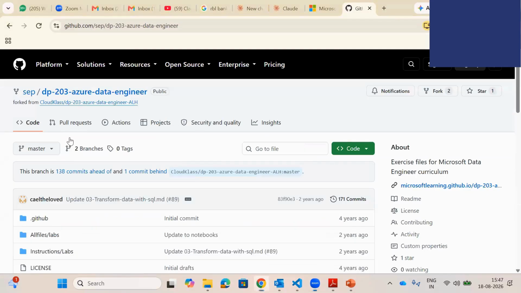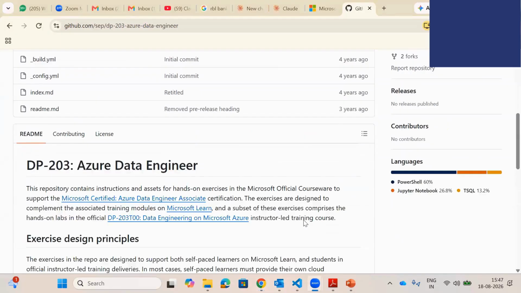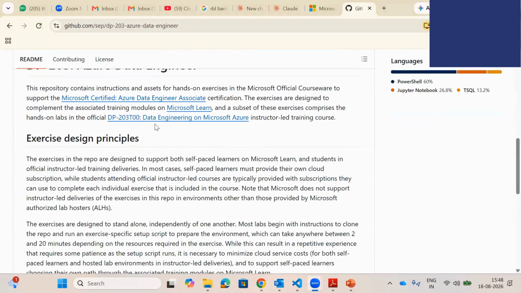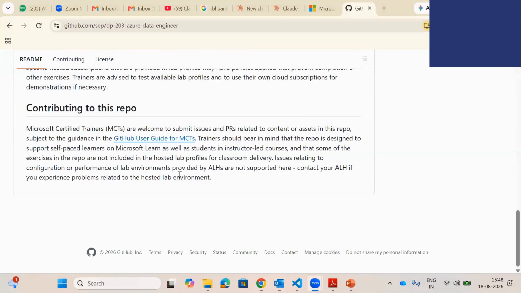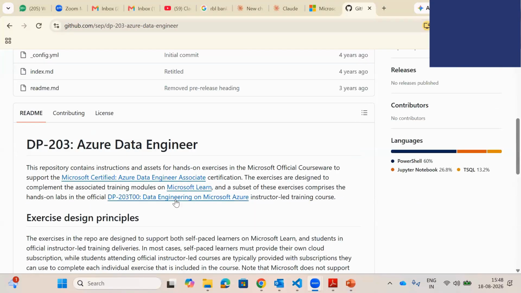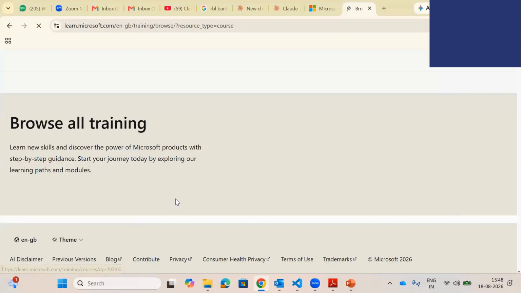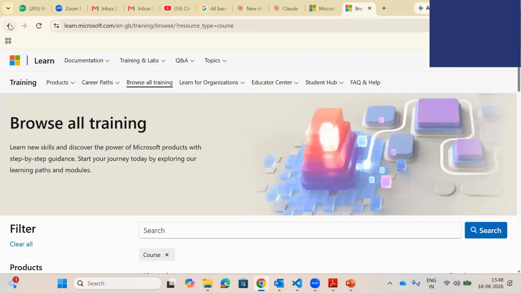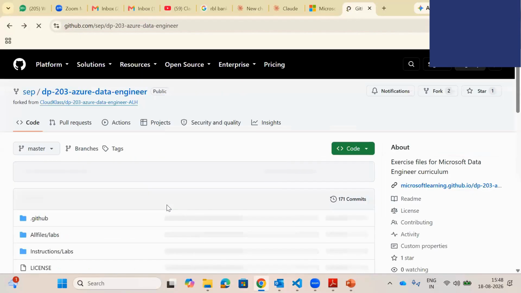I will go ahead and show you. I have the complete lab for this. I think they have stopped this one in the official one.